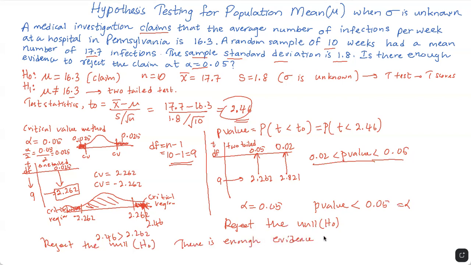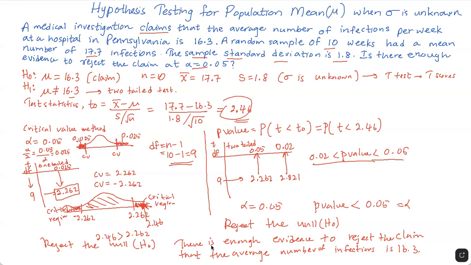So the conclusion you can write down here: there is enough evidence to reject the claim that the average number of infections is 16.3.